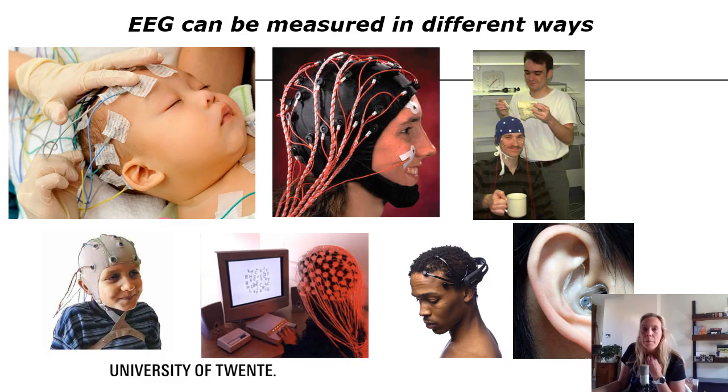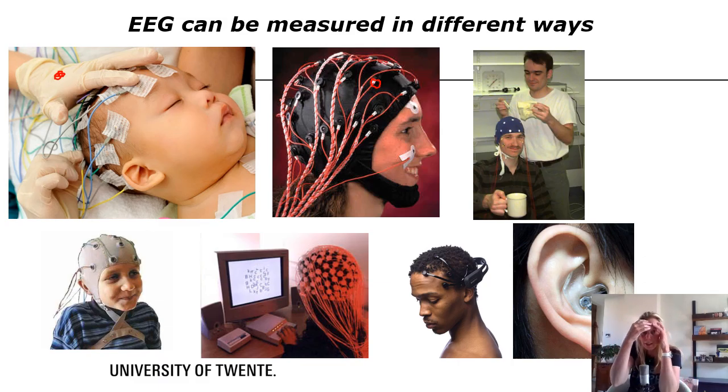Now, EEG can be measured in different ways. Here in the top left, this is a very old-fashioned way of putting electrodes, pasting them onto the skull of a person. You use some electrode paste for that, and you place them directly onto the skull. To make it a bit more convenient, companies have thought of this electrode cap, where all the electrodes are inserted within the cap, and you just place it on top of the brain.